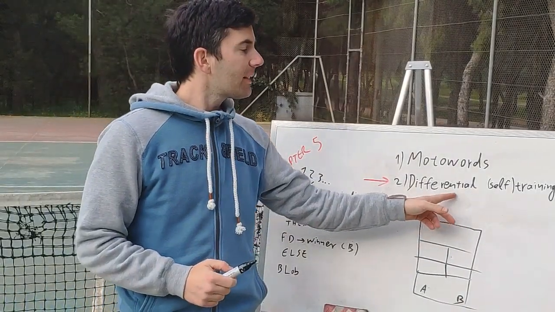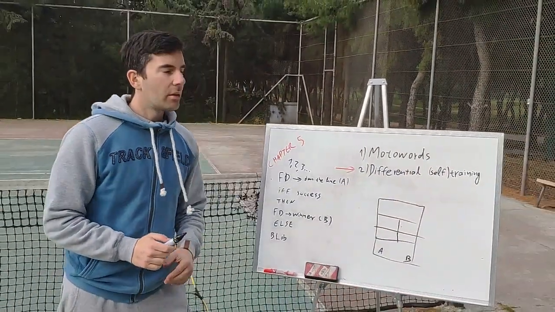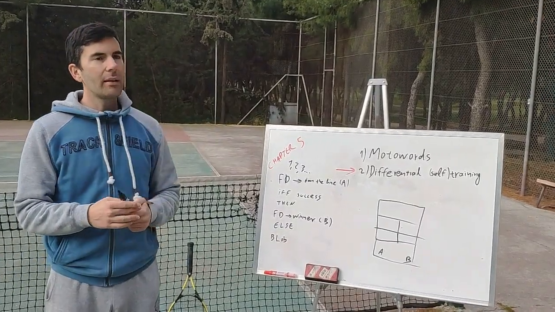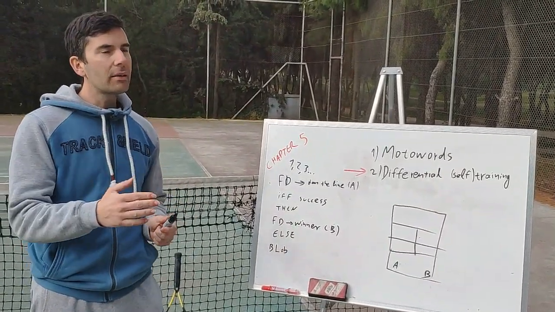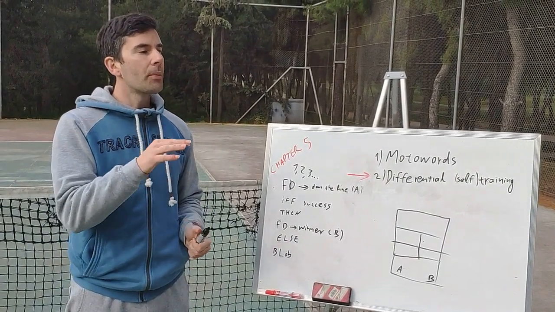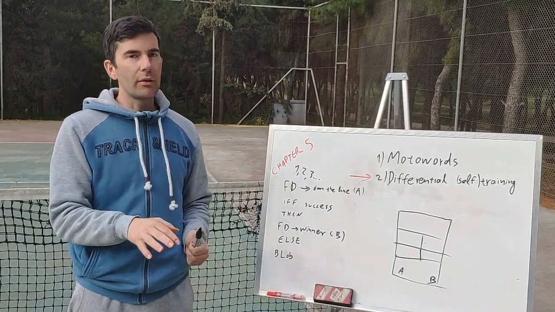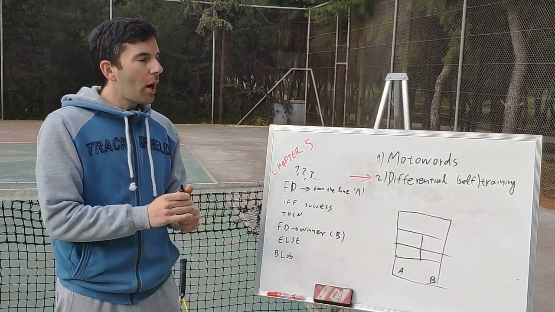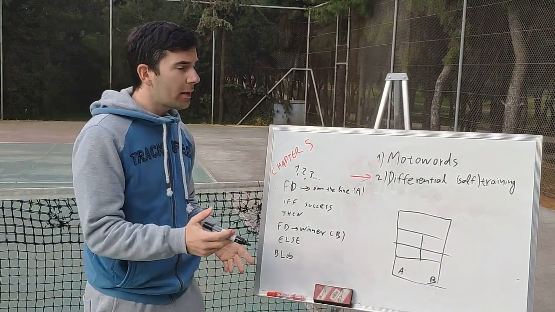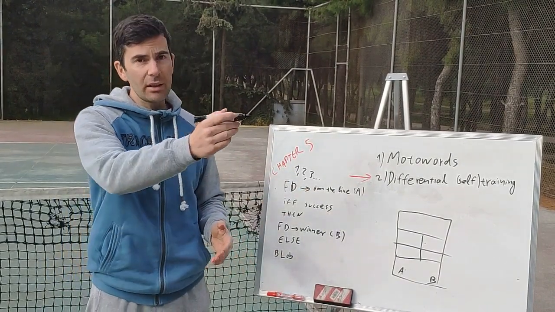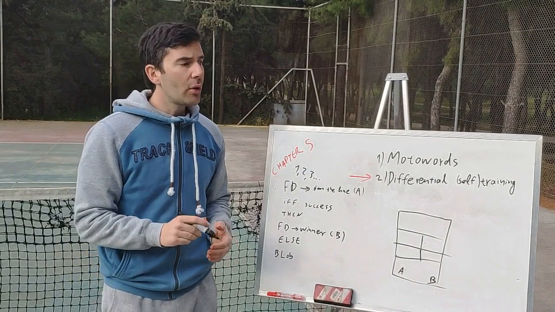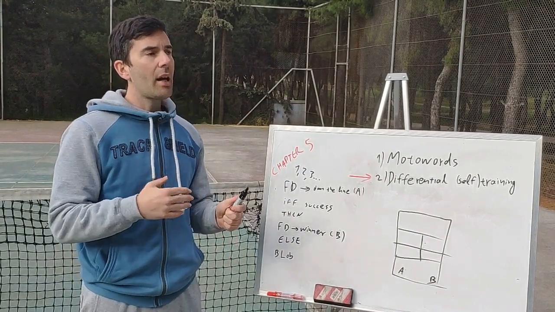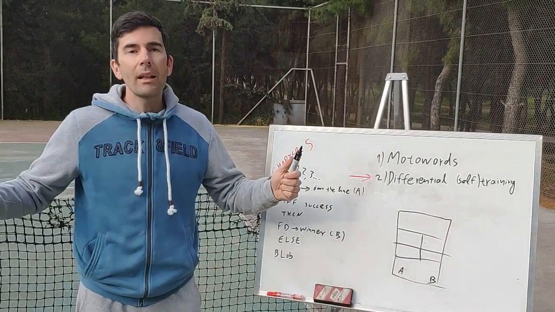In the differential self-training, now the athlete, on top of everything else, has to take the initiative, as is the case in games. But what's the point? You have decreased the degrees of freedom, so it's easier for the athletes to do it. It's not playing, okay?